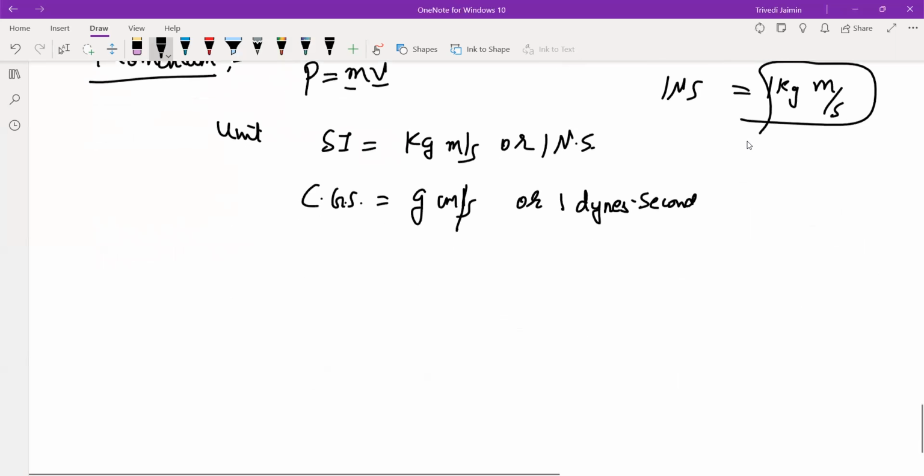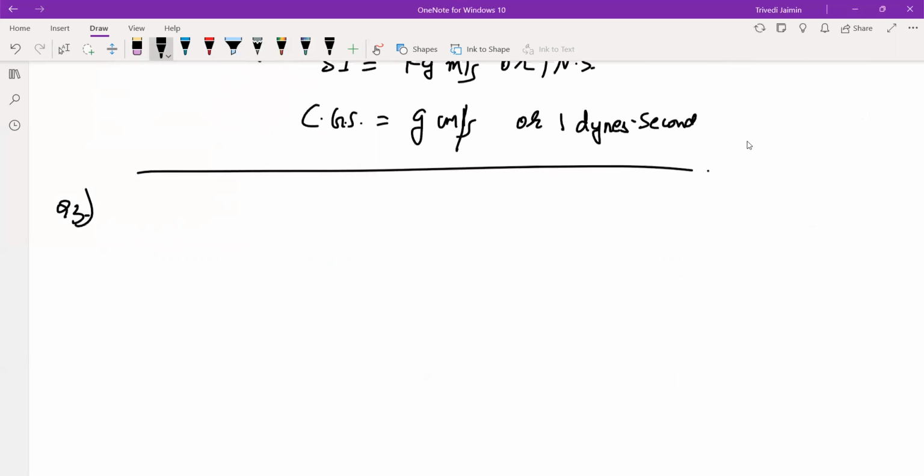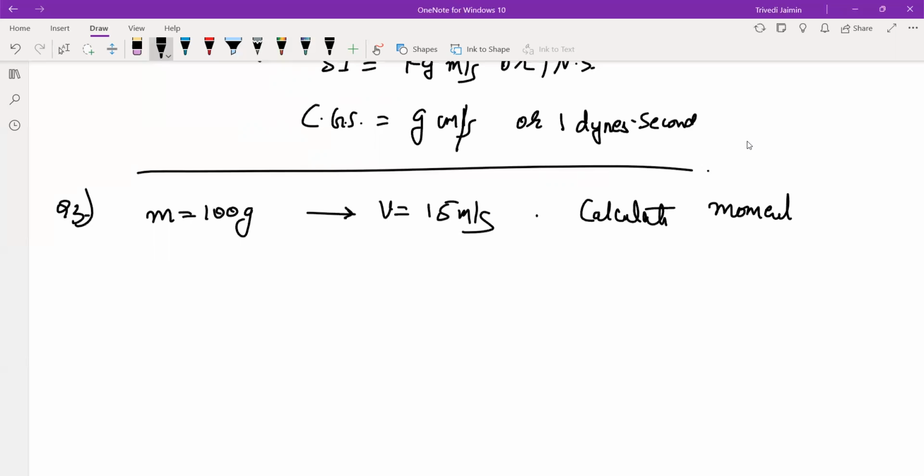Let's do this question. A ball of mass 100 grams is moving with a velocity of 15 meter per second. Calculate the momentum of the ball.